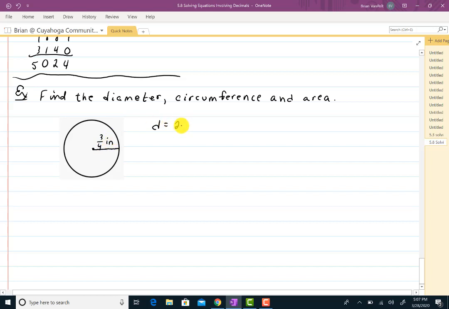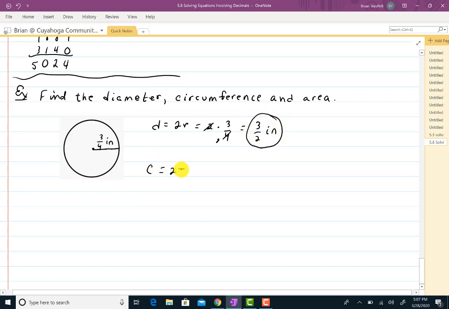D equals 2 times the radius. That's 2 times 3/4. Cancel a 2. And we end up with 3/2. Since it's a diameter, it's a length. So I'll put inches.